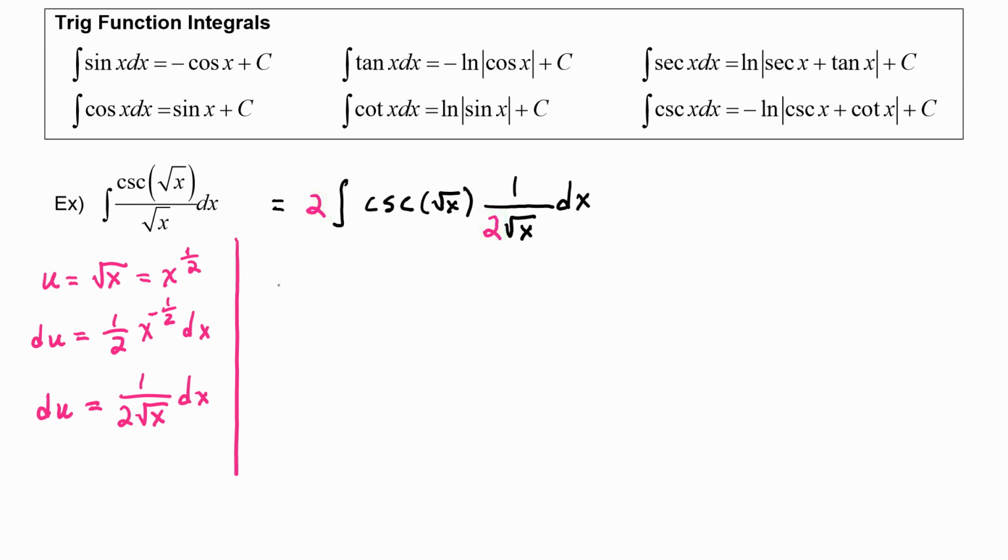Now we are ready to do our substitutions. The 2 out front still remains there, that constant. Then we have integral. Then we have cosecant of radical x, which is going to get replaced with cosecant of u, because remember, u is only the radical x part, so we still need to write the cosecant.